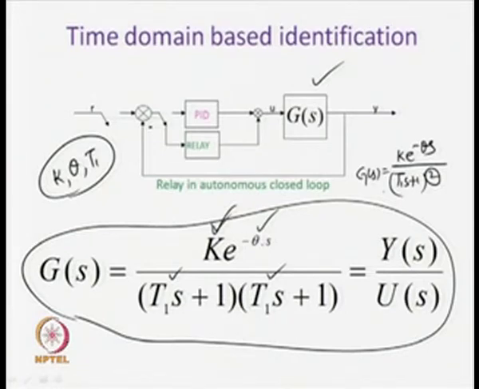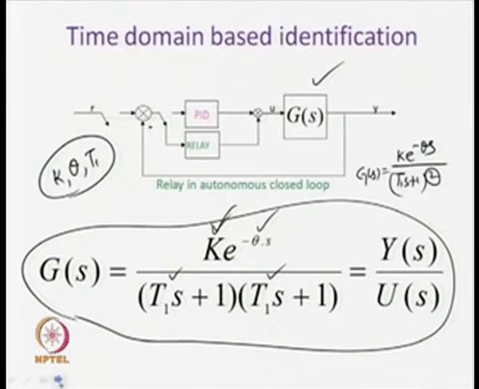I mean, can we get the same sort of state space representation for the model with pole multiplicity? That we will verify now.